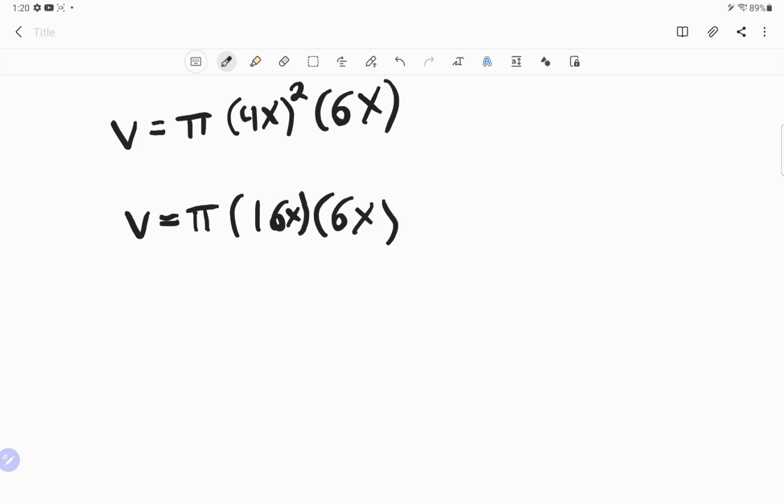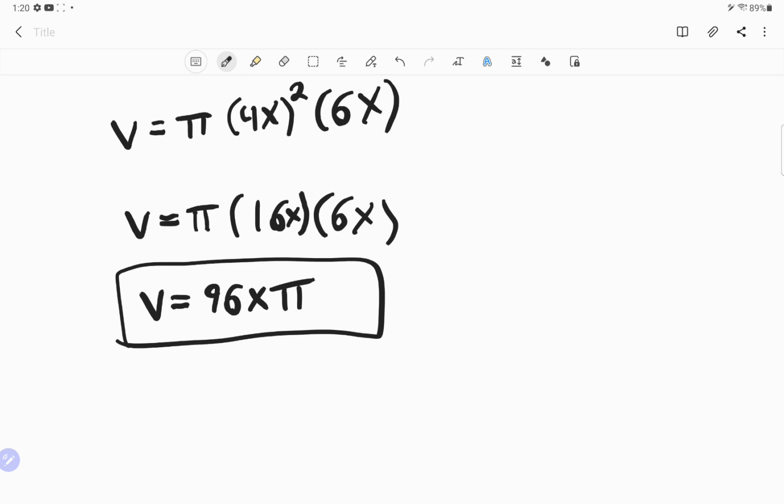Now I don't remember exactly what 16 times 6 is. Alright, 16 times 6 is going to be 96. So that's going to be my answer, 96x cubed pi. And I'm just going to leave it like that.